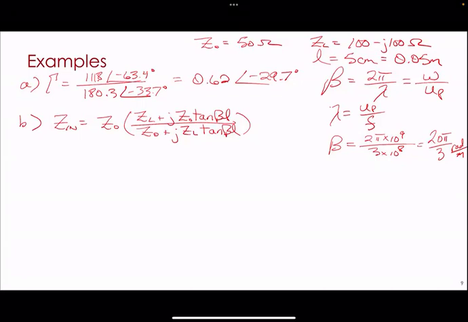There are lots of traps here. If you wanted to make it a little bit simpler, you could just calculate your tan beta L first. So that would be tan of beta times your L, which we said was 0.05. Now the numbers are nice in this one. What's 1 divided by 20? It's 0.05, right?